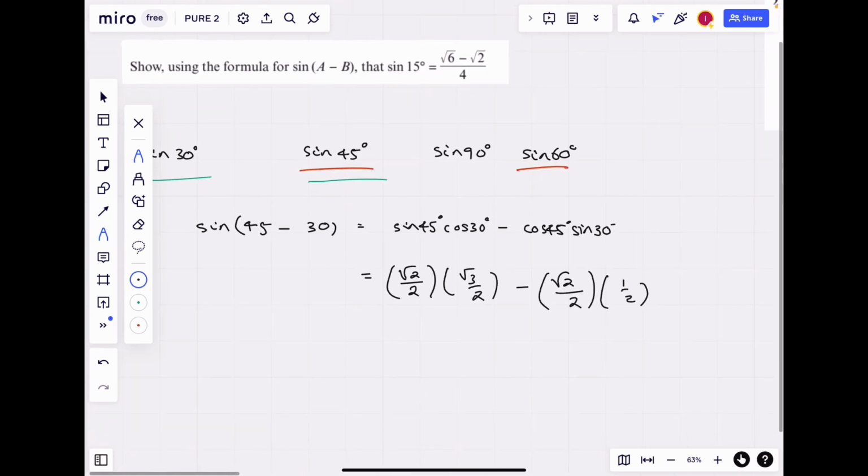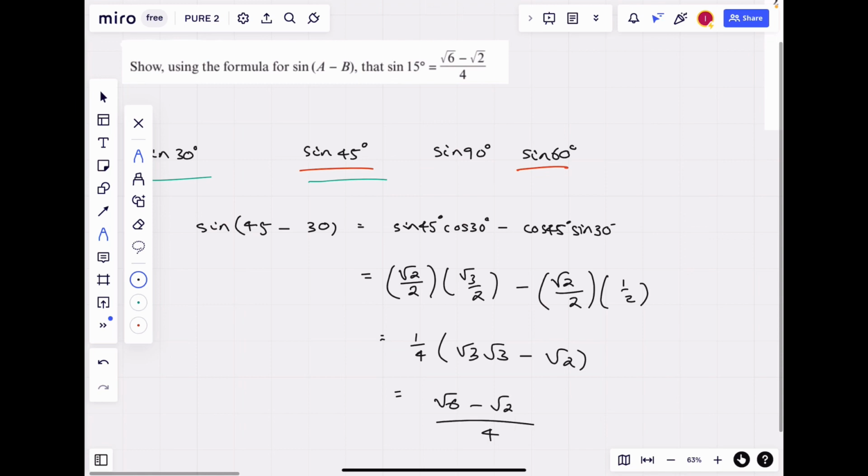And now it's really just a matter of simplifying it. So let's say if I simplify it by taking out a quarter, left with this. And then this simplifies to root 6 minus root 2 all over 4.